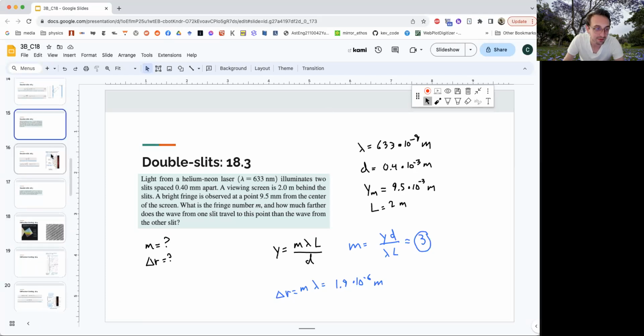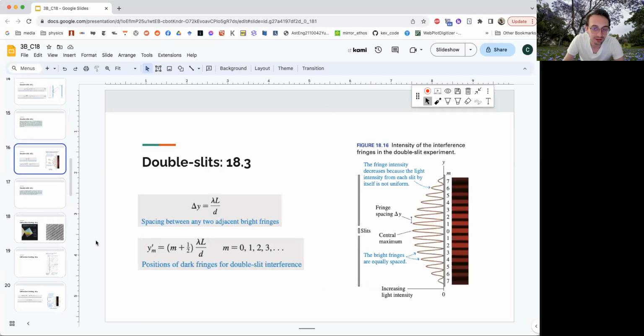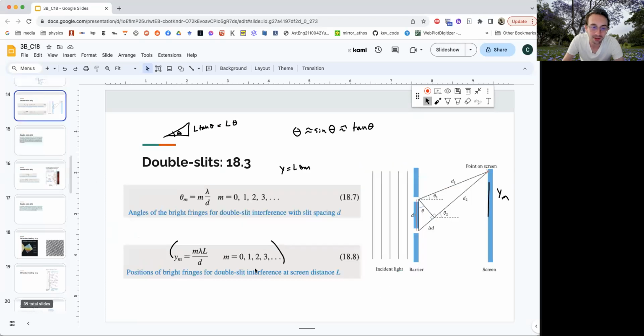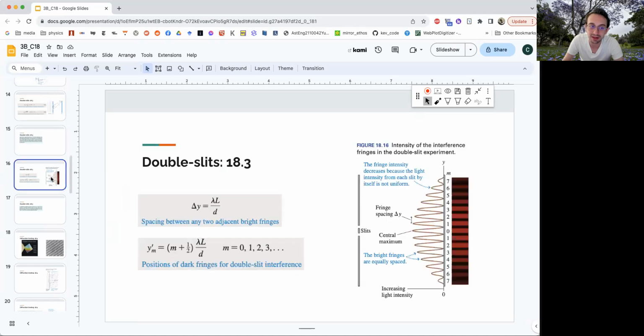Okay, so now moving on from our example, there are a few more formulas that we can use to characterize the double slit. So a direct consequence of formula 18.8, since m can only be an integer, we can immediately see that these bright spots are spaced out by lambda L over d. So you can see this is labeled on the diagram, but just to label it again for you.